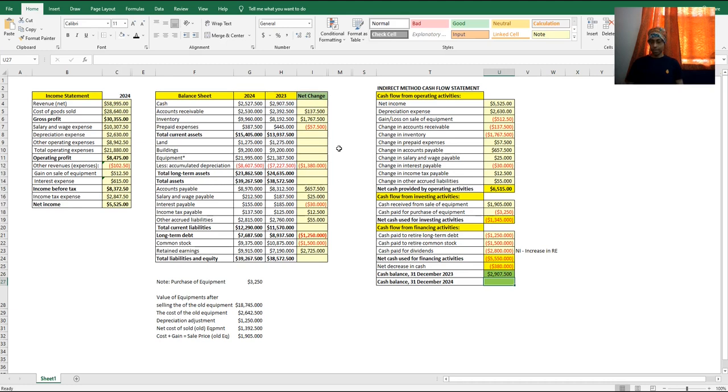We adjust it for 380. So 2907 minus 380. The value is 2527.5. This is exactly the value mentioned here, right? So again, we have derived the indirect method of cash flow statement from the income statement and balance sheet. Congratulations.